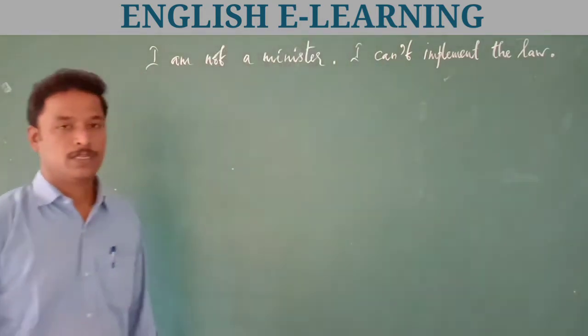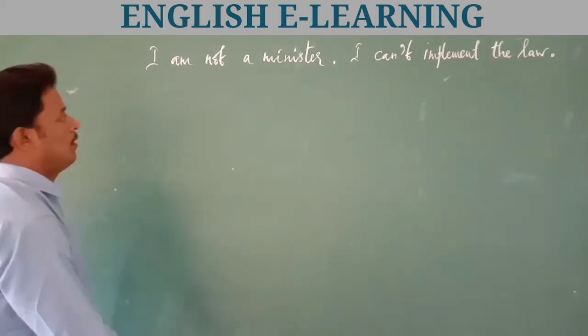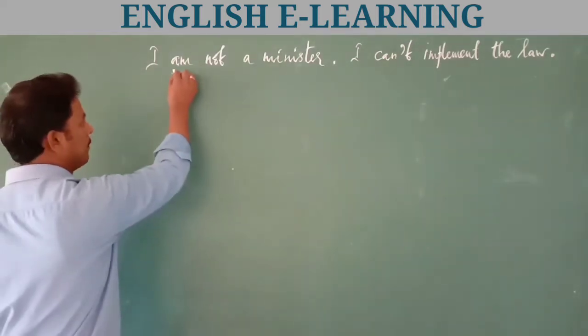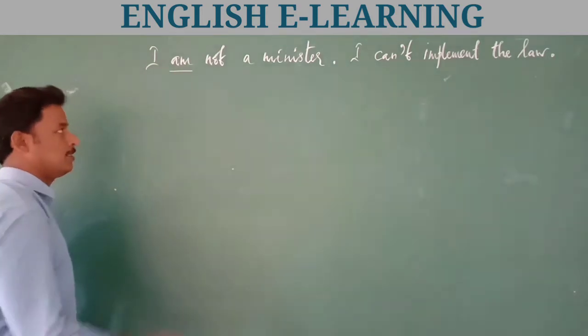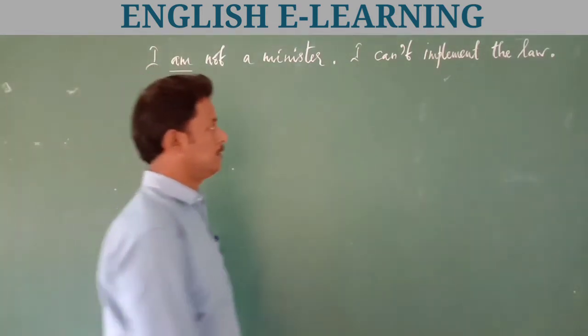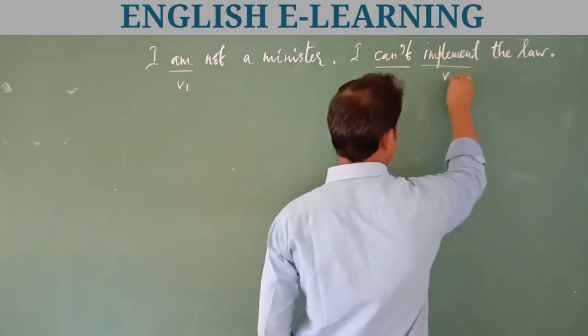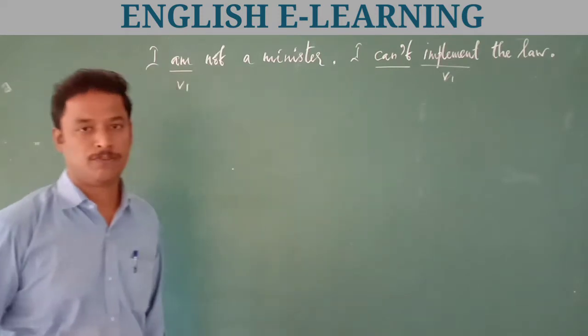I am not a minister, I can't implement the law. Right. Here, the verb used here is verb 1, and then the result has modal plus verb 1, that is, it is in the simple future.